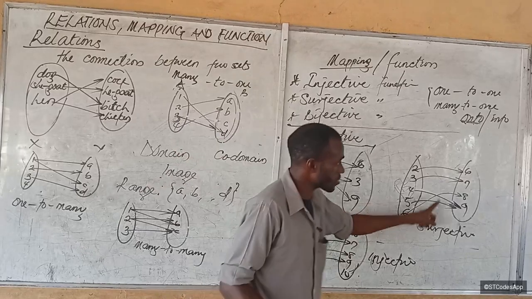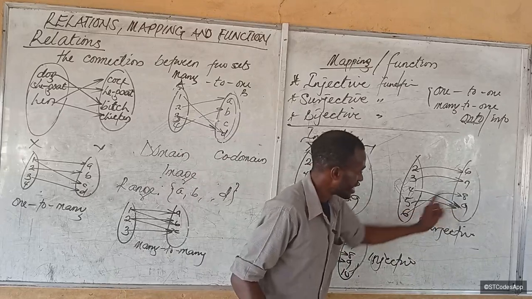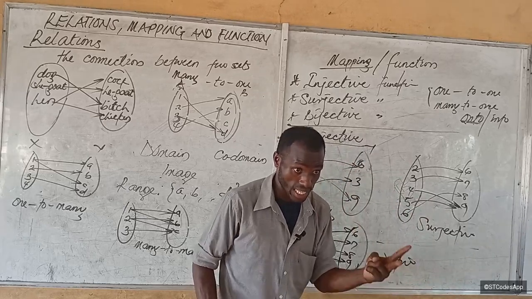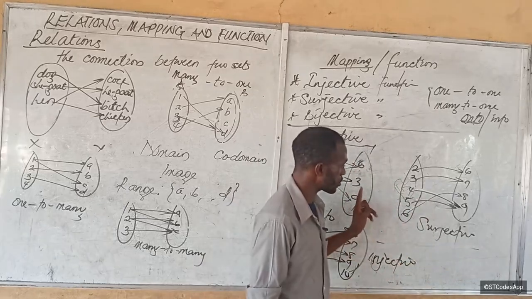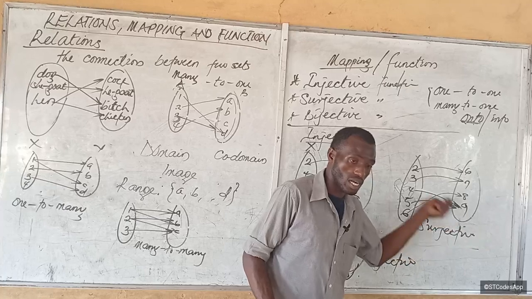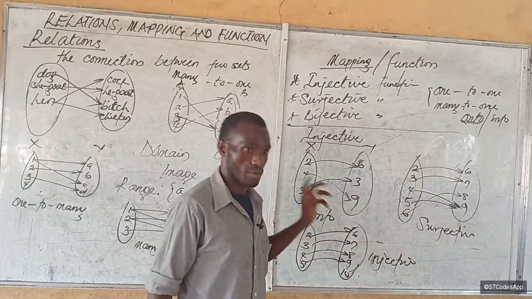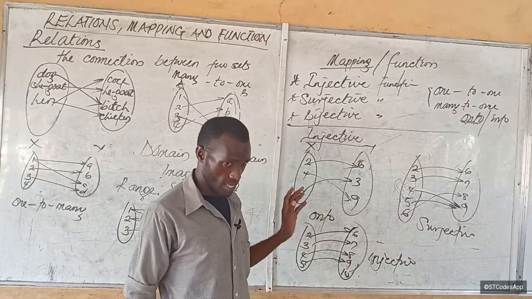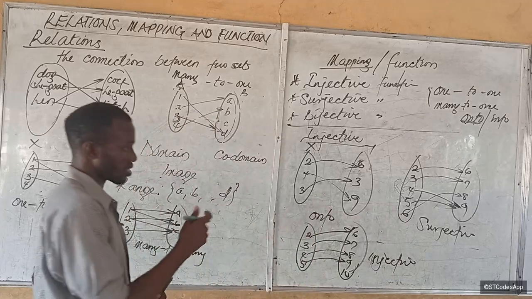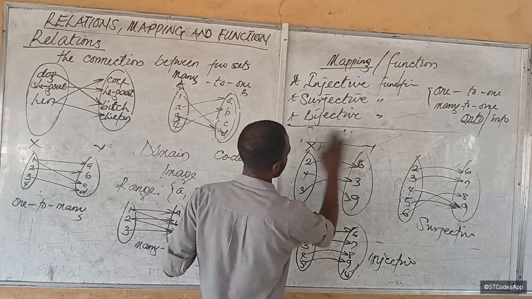Now, this case is surjective and not bijective because there is an element here that is being mapped to by 2 elements. If it were just single elements mapped to one element, it would have been what? Bijective. Is it clear to us? Okay. So that's the condition for injective, surjective, and bijective.